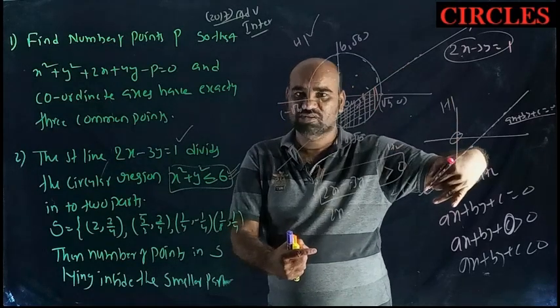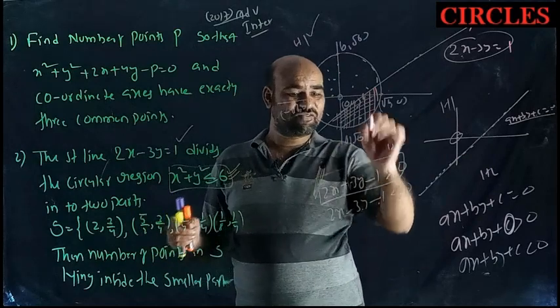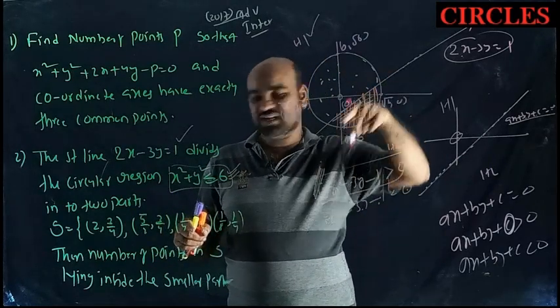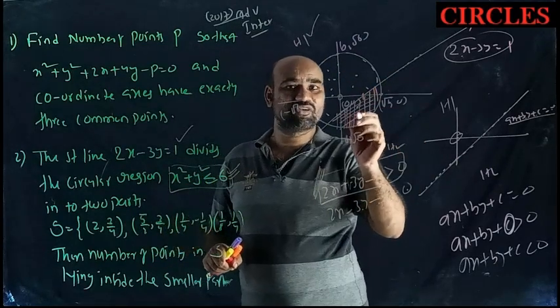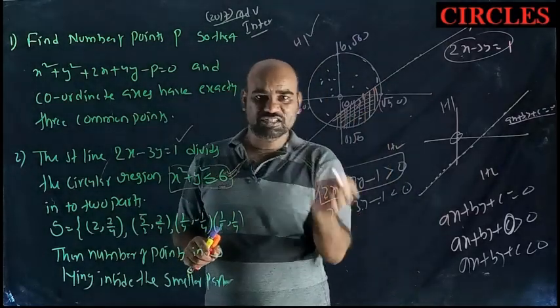Every point on this half plane will satisfy this rule, and every point on the circular region satisfies the other rule. But we want the common area, meaning the point should satisfy both algebraic conditions.